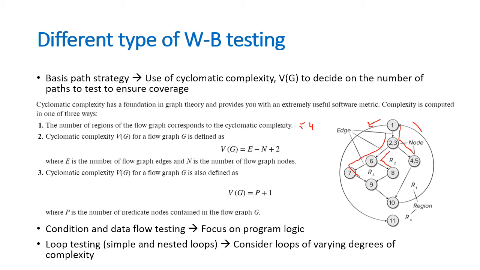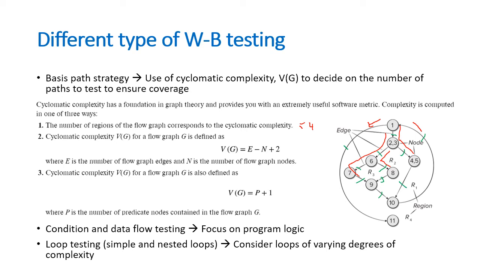So how do we compute number 2? It's actually E, the number of flow graph edges, minus N, the number of flow graph nodes, plus 2. So we have the edges here. If we look at the edges, we have 1, 2, 3, 4, 5, 6, 7, 8, 9, 10, and 11.